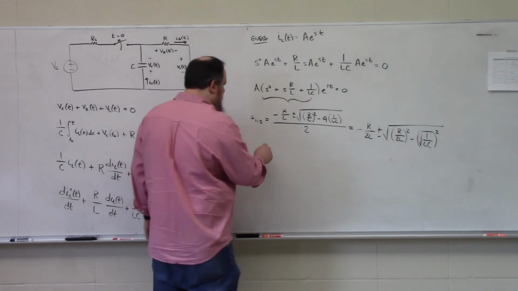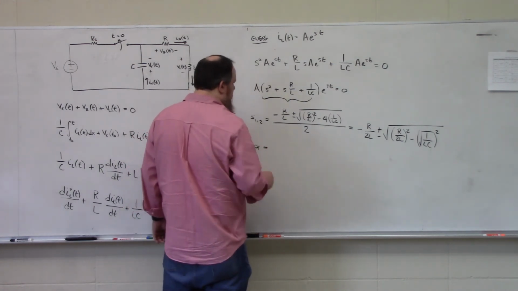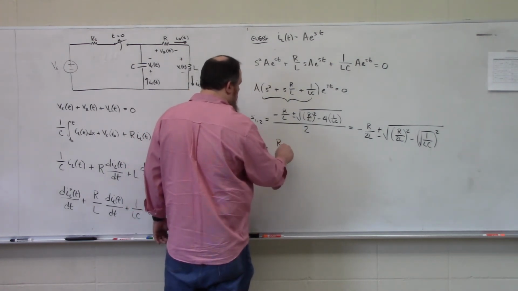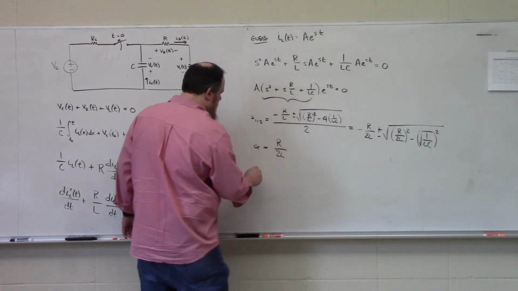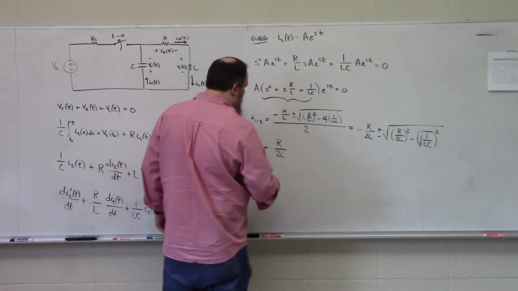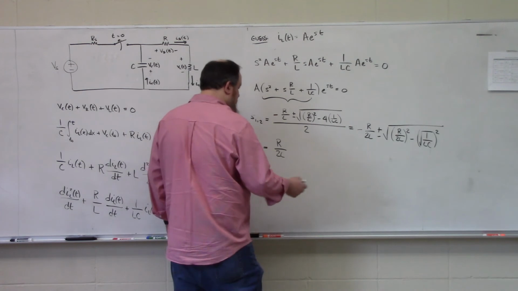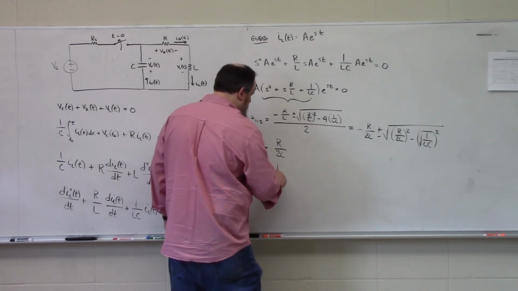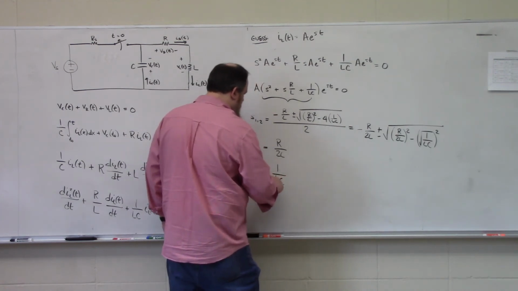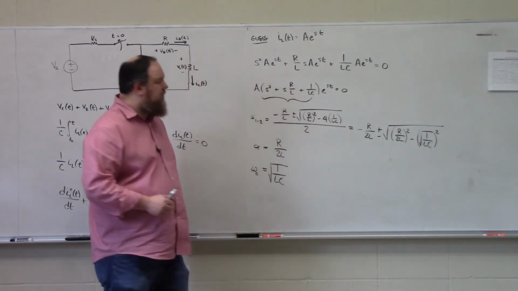And we can see then that alpha for a series RLC circuit is R over 2L, and omega naught for a series RLC circuit is the exact same, 1 over the square root of LC.